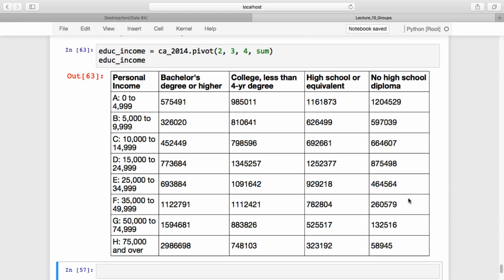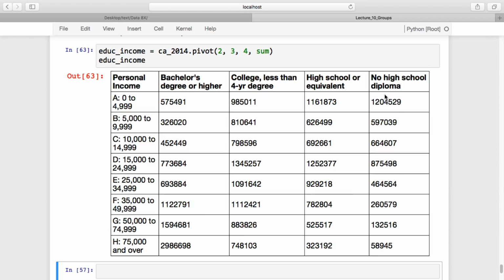But when we look at it, it's really hard to compare those distributions. Those are massive great counts inside those cells, and it's hard even by counting digits to see which one's bigger than which. It would be so much nicer if these were percents. Of the people who had bachelor's degrees or higher, what percent were in this cell, what percent were in this cell, and so on.